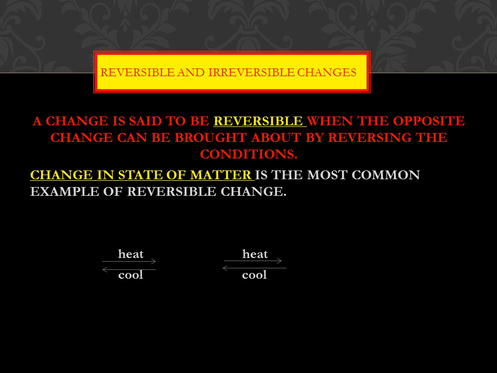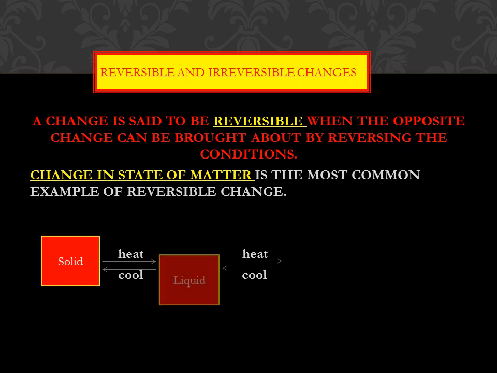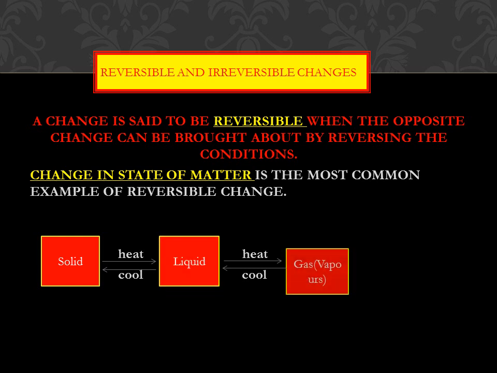Change in state of matter is the most common example of the reversible change. I hope all of you already studied about matter in class 6 and 7. So what are the three states of matter? We have solid, liquid and gas. So change in all these three states is the most common example of reversible change.